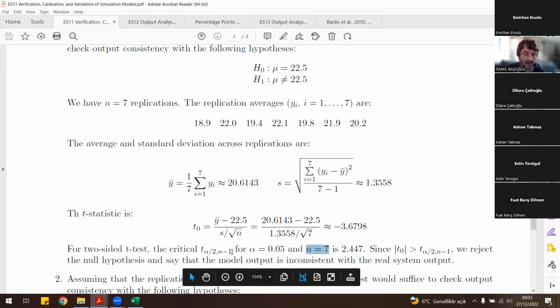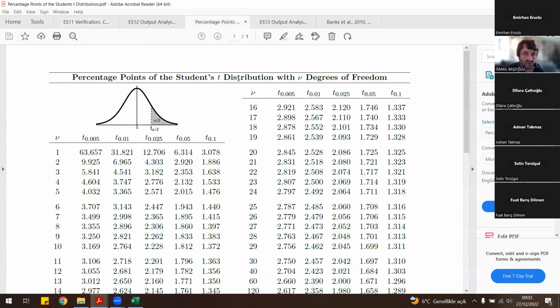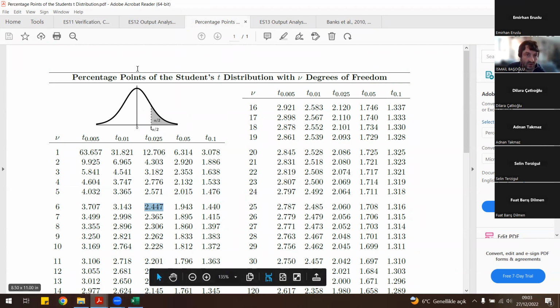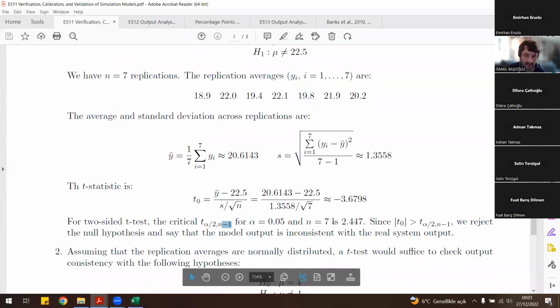For degrees of freedom parameter 6 and 0.025, we need to look for the percentage points of the Student's t distribution for 6 degrees of freedom and for 0.025 tail probability. That tail statistic is 2.447. Now, if we go back, that is consistent.